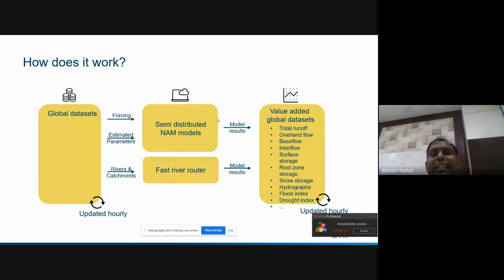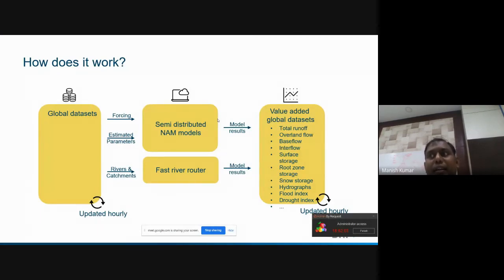The whole idea is to estimate the moisture condition in those zones, and we use these global data sets to estimate the moisture conditions, and then we apply some routing method to calculate the travel time.